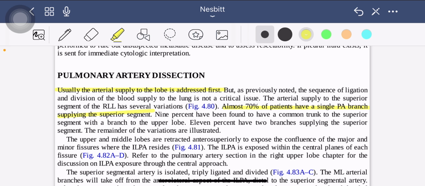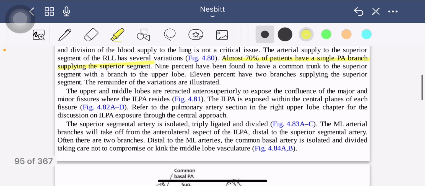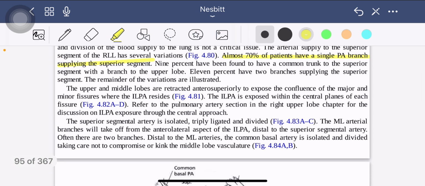The upper and middle lobes are retracted anterosuperiorly to expose the confluence of the major and minor fissure, where the ILPA, the inferior lobe pulmonary artery, resides. The inferior lobe pulmonary artery is exposed within the central planes of each fissure; refer to the pulmonary artery section of the right upper lobe chapter for the discussion on interlobar pulmonary artery exposure through the central approach.